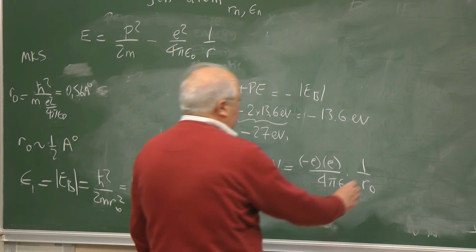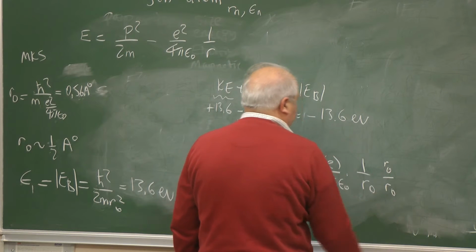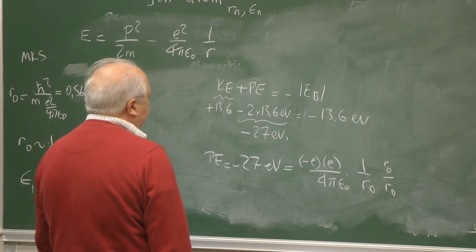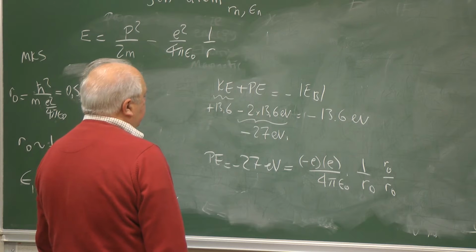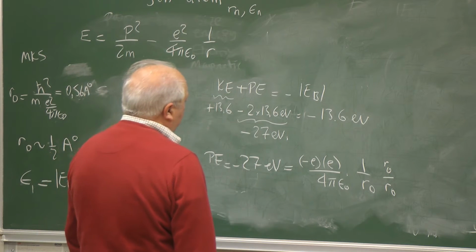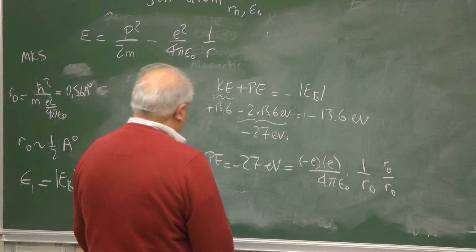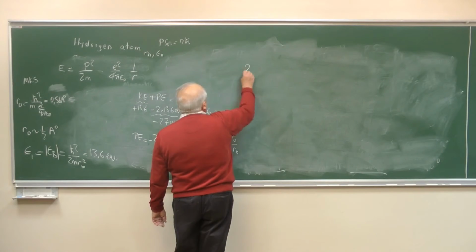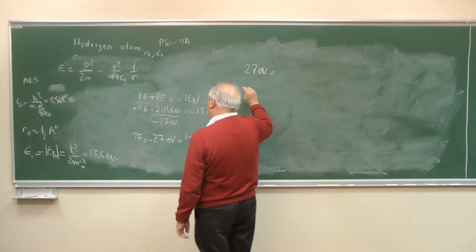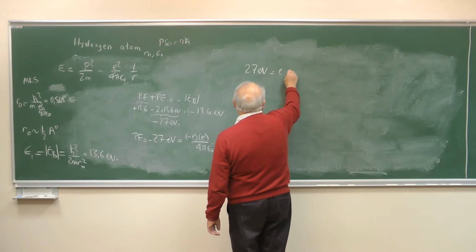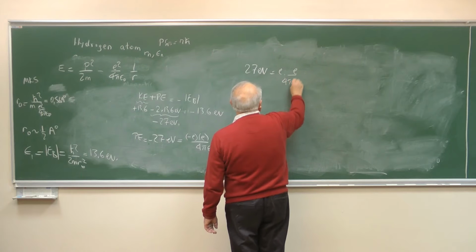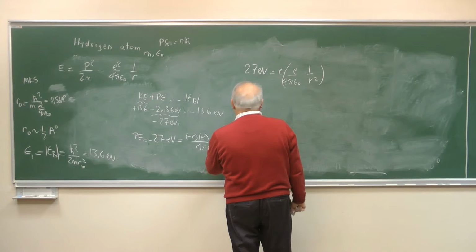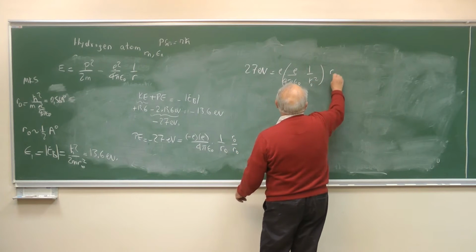And if I multiply it by R0 and divide by R0, now I will cancel the minus signs. So 27 electron volts, that's equal to e times e over 4 pi epsilon 0, 1 over R0 square, times R0.